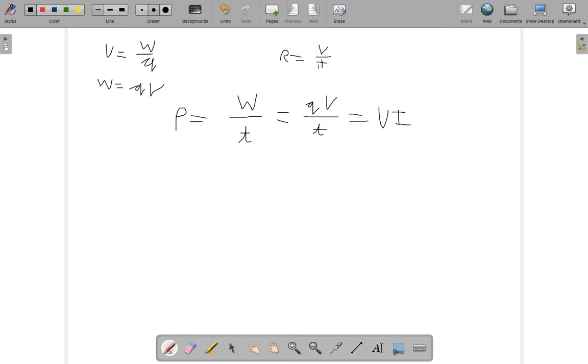You may have to replace either voltage or current with either V equals RI or I equals V over R, depending on the question, because they won't necessarily always give you the current or the voltage. Instead they give you the resistance. So just remember to make such substitutions if you ever get a question like that.